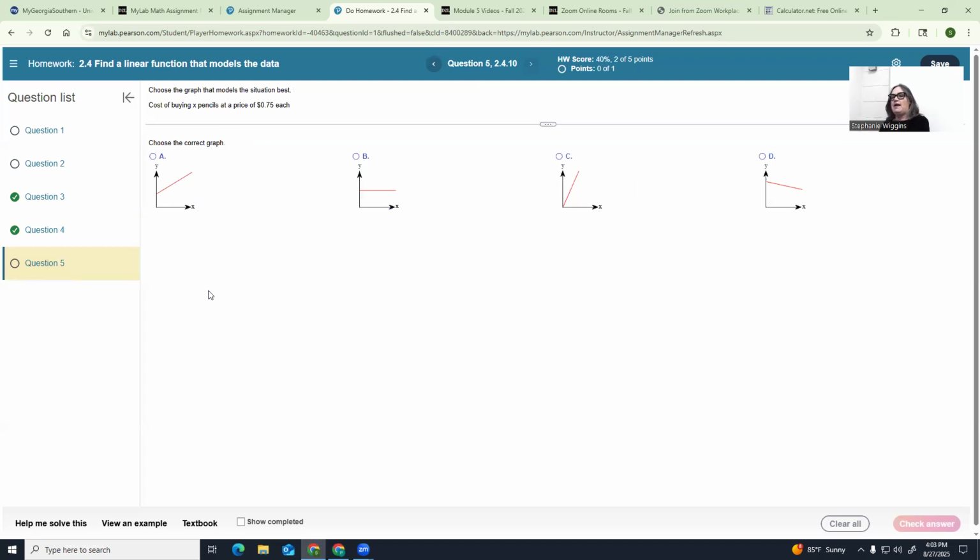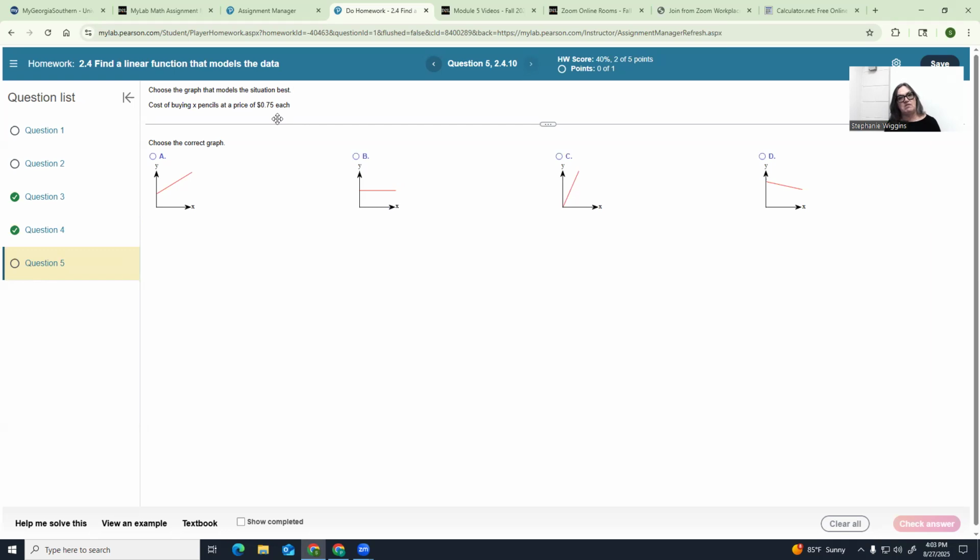All right, question 5. It says, choose the graph that models the situation best. It's the cost of buying X pencils at a price of 75 cents each. Now, the cost depends on X. That's how many pencils you're buying. As you increase X, in other words, the more pencils you buy, the more it's going to cost you.